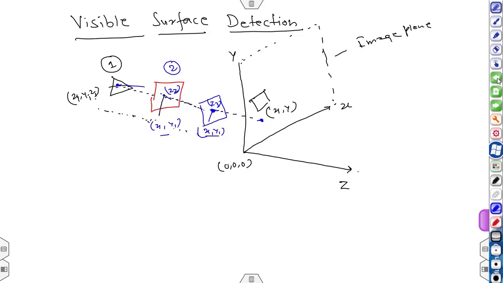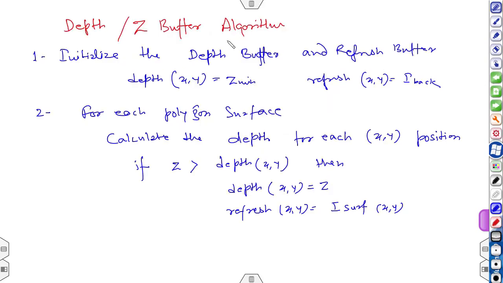Now we will see the algorithm which is responsible for doing this visible surface detection. This algorithm is called the depth or z buffer algorithm. Basically, in this algorithm, first of all we take two buffers. One is called the depth buffer and the other is called the refresh buffer.